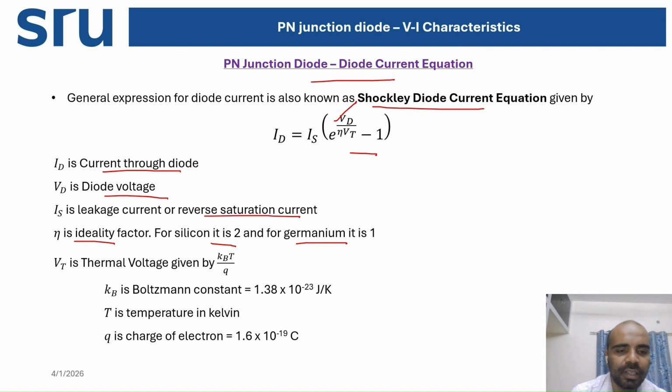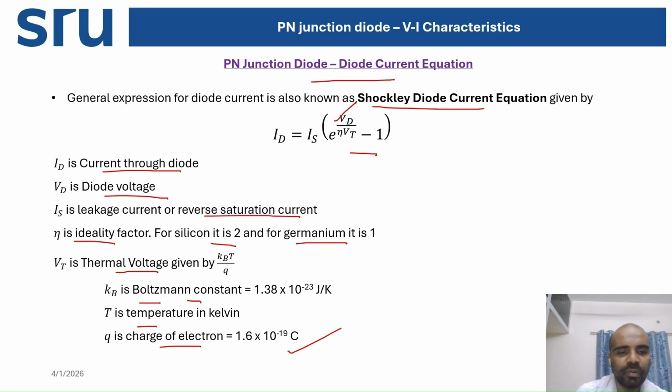V_T is called the thermal voltage, which is equal to kT by q. The thermal voltage at room temperature is nearly equal to 26 millivolts, right? Here k is the Boltzmann constant, T is the temperature in Kelvin, and q is the electronic charge, 1.6 into 10 to the power minus 19 coulomb, right?